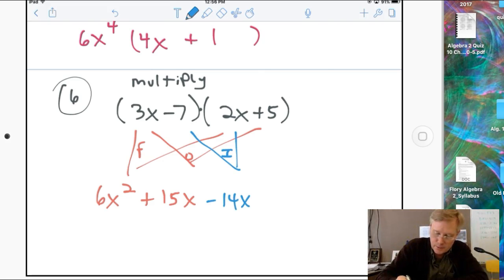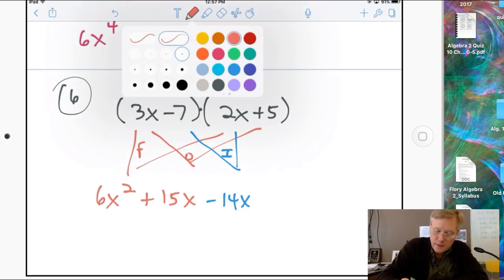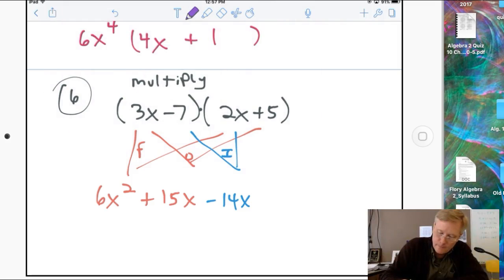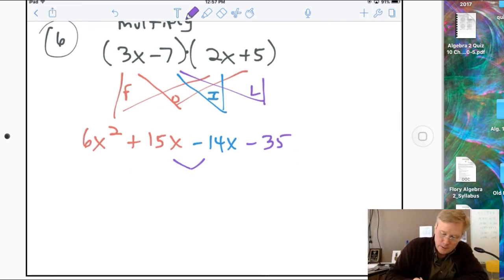And the last ones are the negative 7 and the positive 5. When I multiply those together, I get negative 35. And then the last thing I can do is combine those two, add them together. I get 6x squared. 15 minus 14 is 1x, or just x, minus 35.